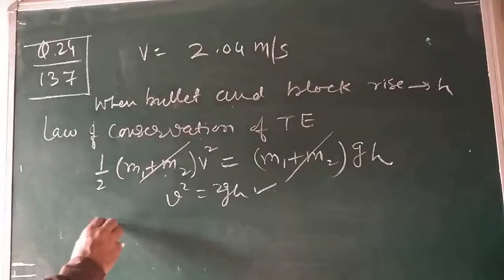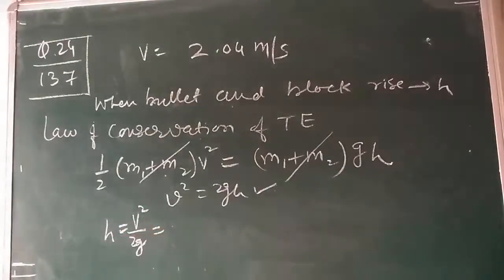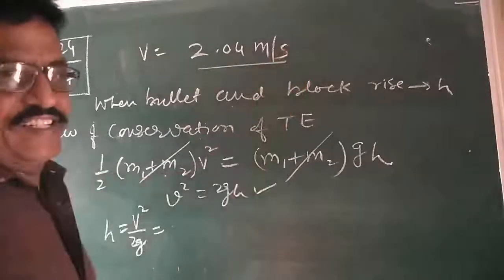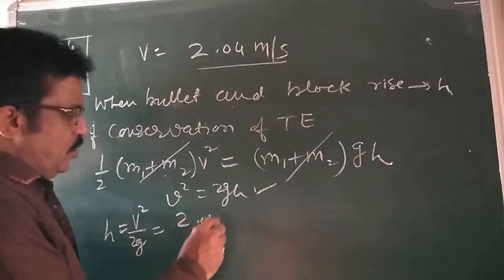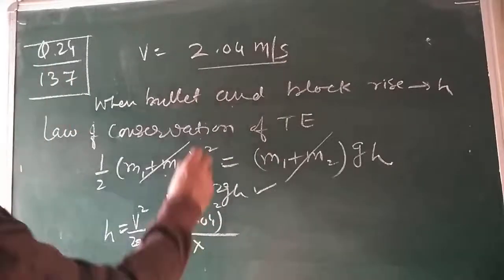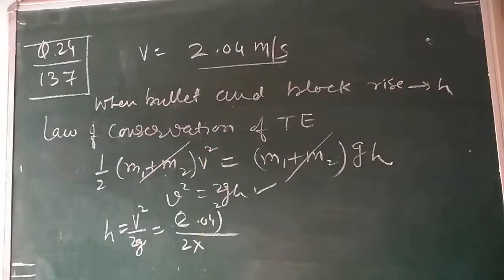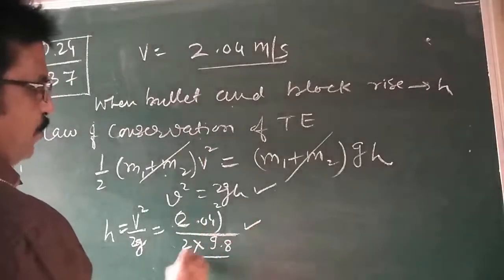H is equal to v square by 2g. What is v? That we have calculated here, sir. Put it here, 2.04 whole square divided by 2 into g, that is given 9.8. Again solve it. Solution is also important.